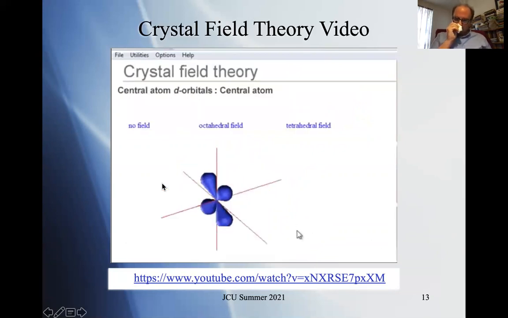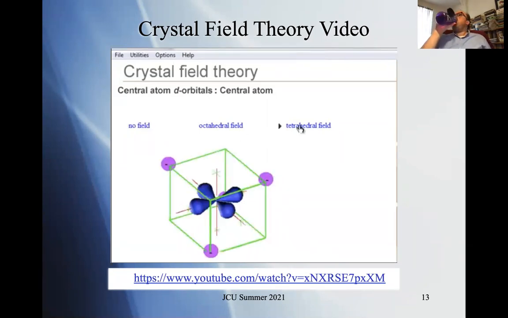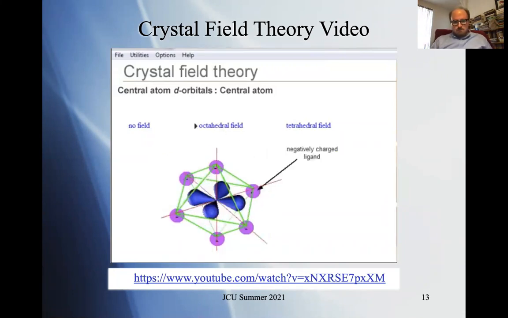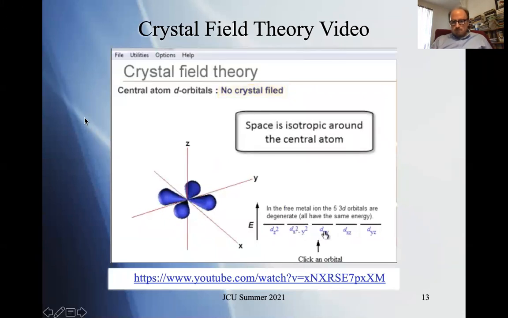Transition metal chemistry is dominated by the d electrons that can occupy the 5d orbitals. Here is shown the 5d orbitals of the free central atom. Also the 5d orbitals in the tetrahedral field and the 5d orbitals in an octahedral field. For a free transition metal, in the absence of any crystal field, the 5d orbitals are degenerate, which means that they all have the same energy.